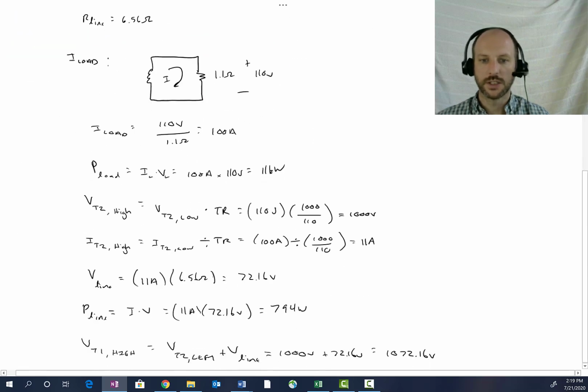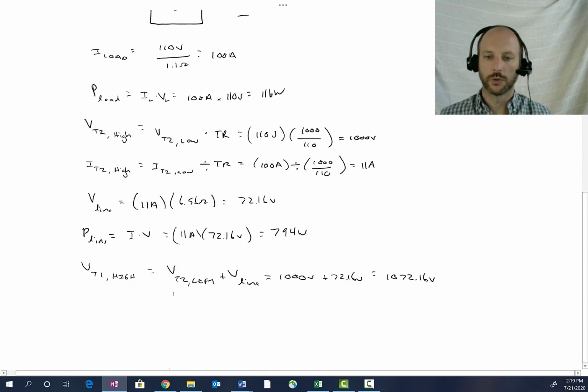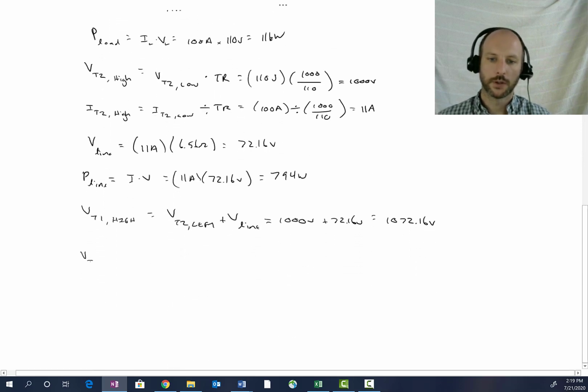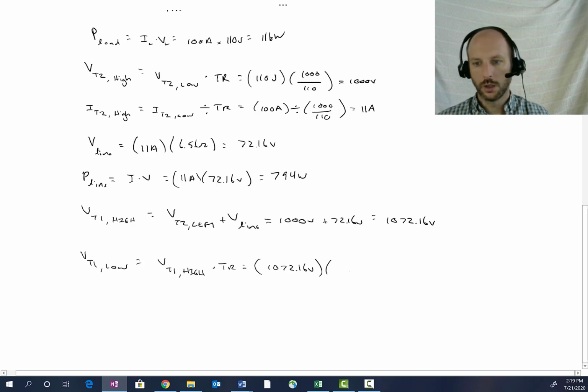So I'm going to calculate the transformer 1 low side voltage, which is the high side voltage times the turns ratio, 110 over 1000. We take 1072.16 volts and multiply by 110 over 1,000, and we get 117.94 volts on the primary side of the step-up transformer, or the low voltage side of the step-up transformer.